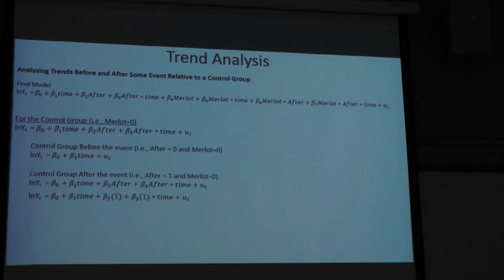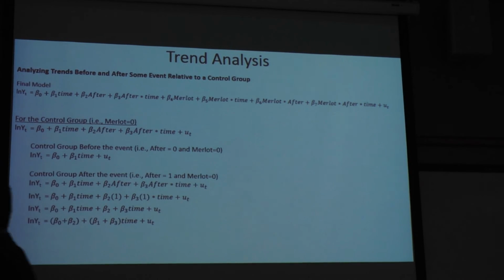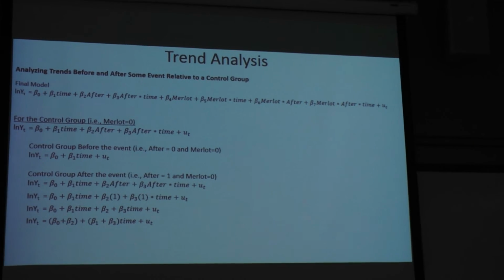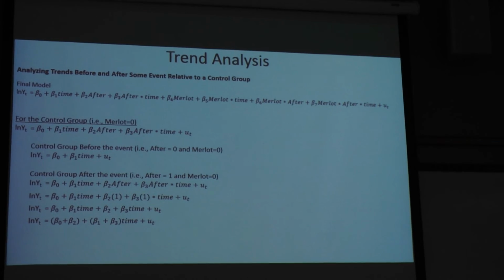I'm not sure if that's a proper word. We collect the terms, and that's exactly what we've done for this. For the control group, the regression model boils down to the last homework and the homework you're turning in today.